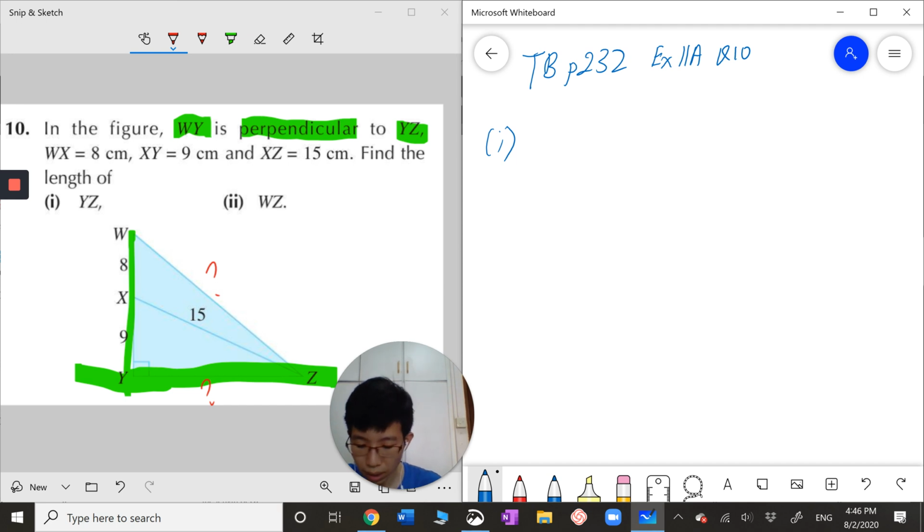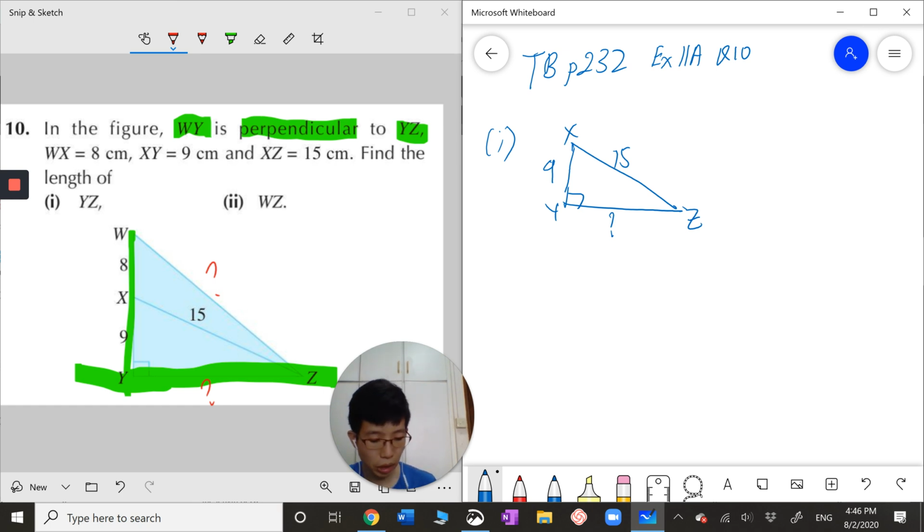If I want to find YZ, I'm looking at this right angle triangle XYZ. Here's 9 cm, here's 15, and this part here is the question mark, which is what we want to find.